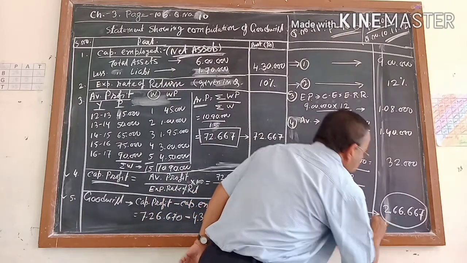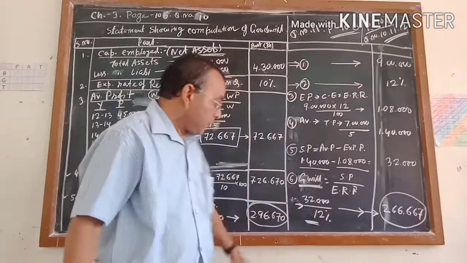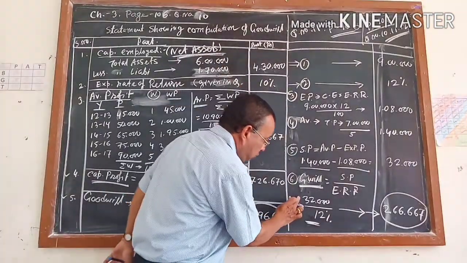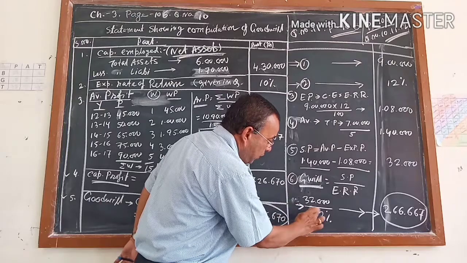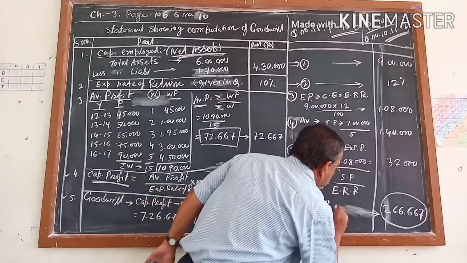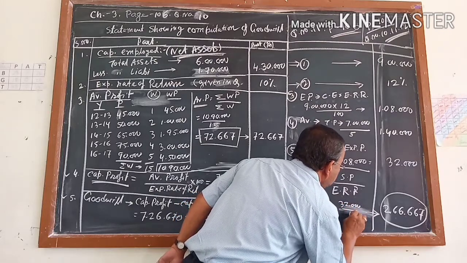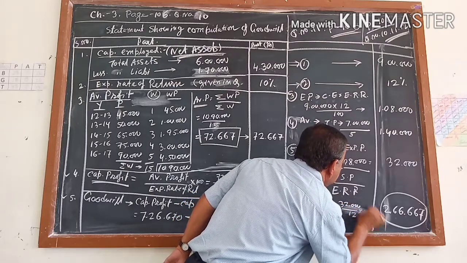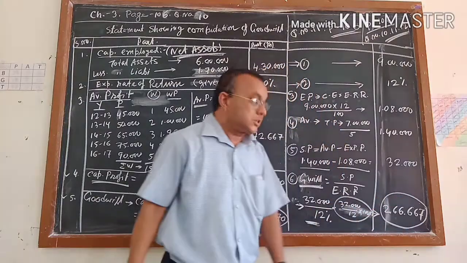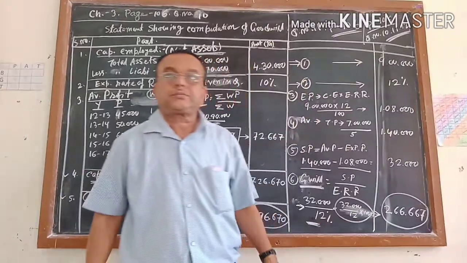If you calculate 32,000 divided by 12 multiplied by 100, you will get 2,66,667. This is your answer.